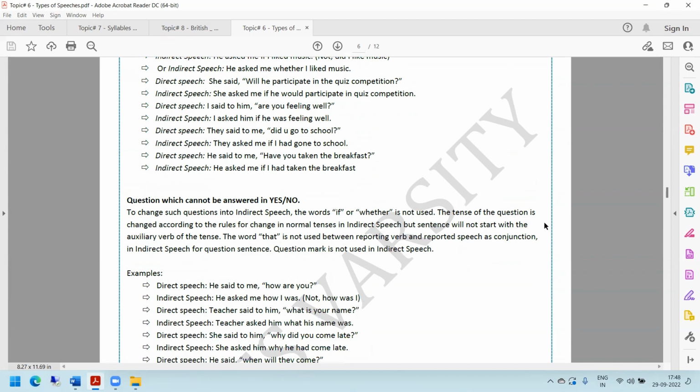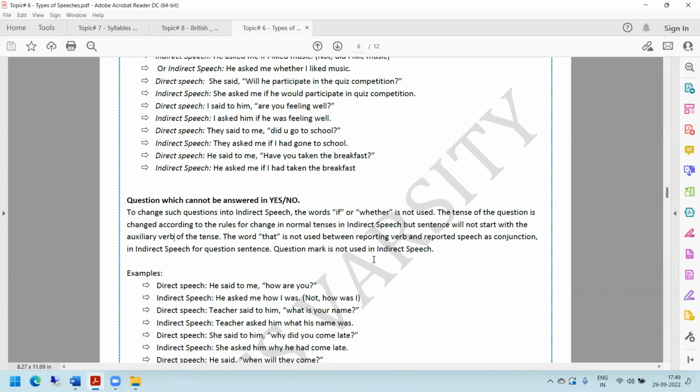The tense of the question is changed according to the rules for change in normal tenses in indirect speech, but the sentence will not start with the auxiliary verb of the tense. The word that is not used between reporting verb and reporting speech as a conjunction in indirect speech for a question sentence.